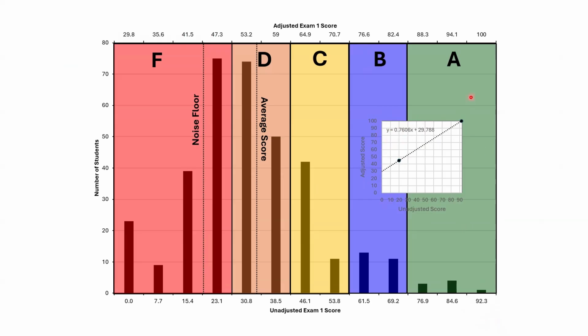So 92.3 would turn into 100, 84.6 should turn to a 94.1, etc. The grades up here are referenced to your syllabus grade scale, which tells us a grade above an 88 would be an A. So anything in this range is an A. Anything in this range is what the syllabus tells us is a B, C, D, F, etc. The grades reported to web courses have been adjusted as of this morning to reflect the adjusted exam scores rather than the unadjusted exam scores that the exam kicked out on its own.